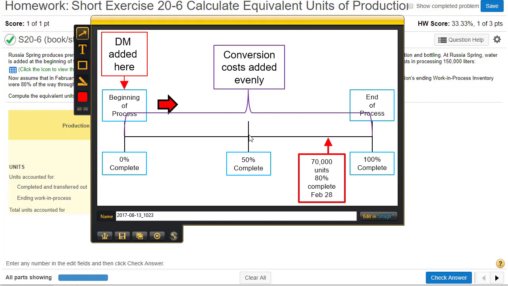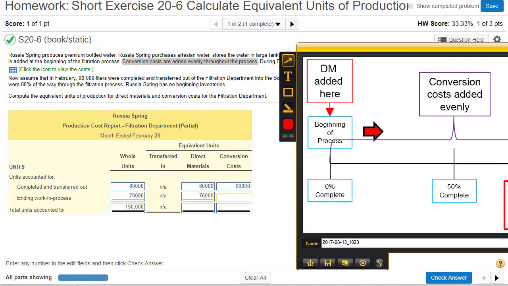So in other words, if the units were halfway done, then that means they've gotten half the conversion costs added to them. So here's our 70,000 units. They are 80% complete. And since these conversion costs are added evenly throughout, that means these 70,000 units are 80% complete.